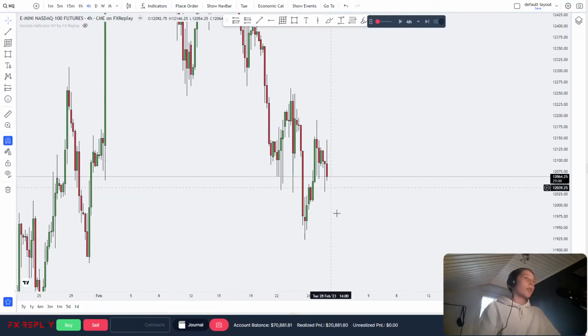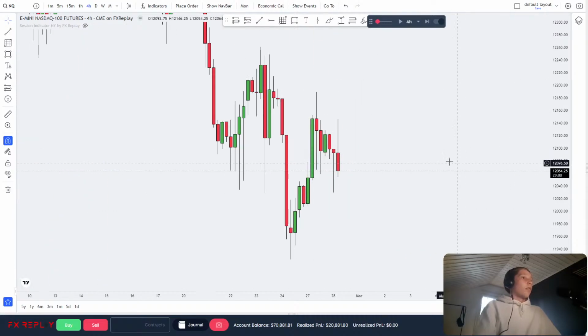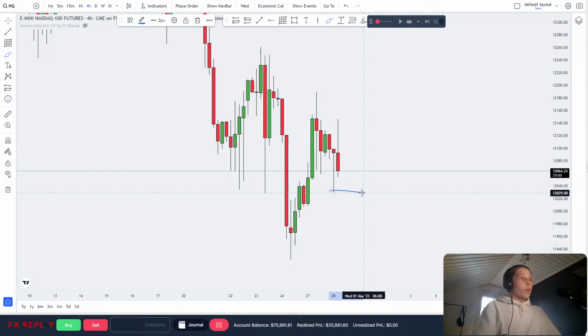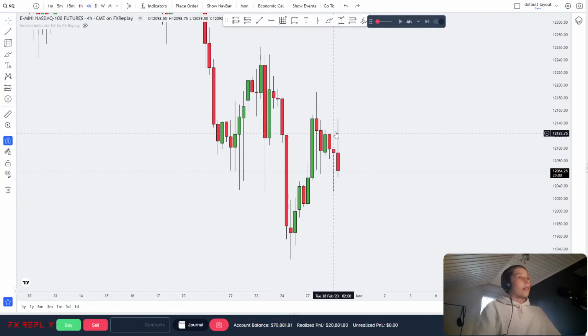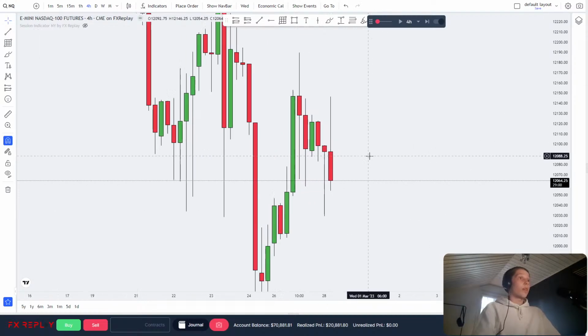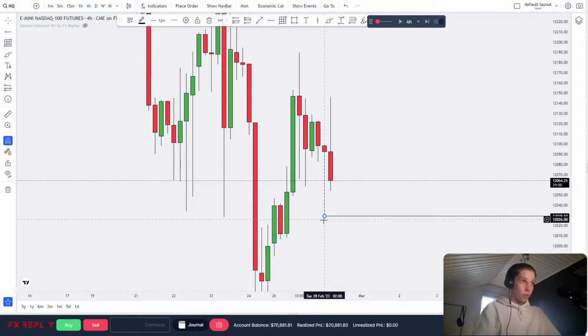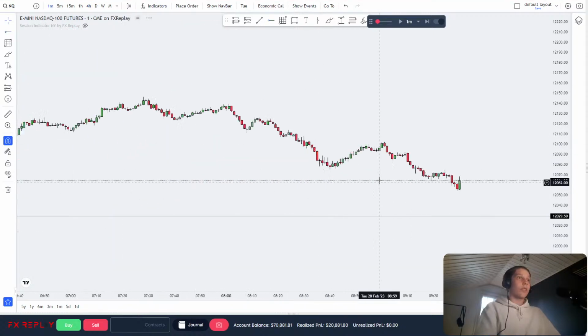So now we start trading away from here. This previous 4-hour candle prints a huge wick, and we print a huge wick to the upside and then flip bearish. We have 30 minutes to go. Market opens. I think this wick is very nice liquidity and it's going to target that.